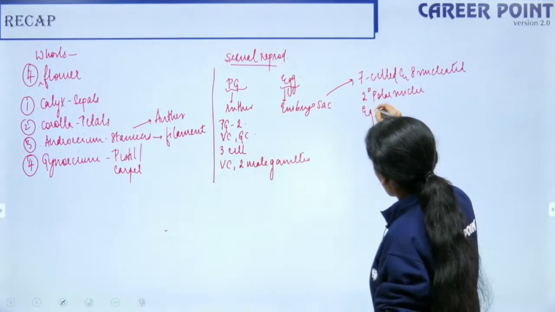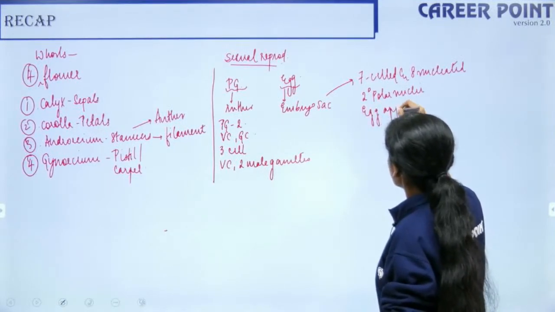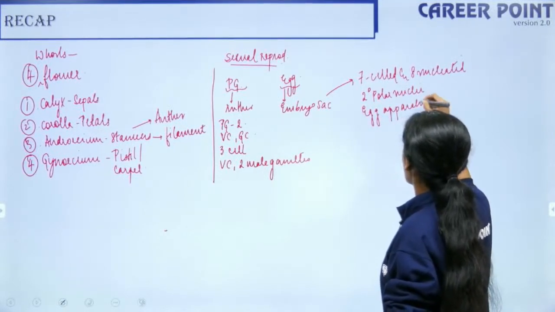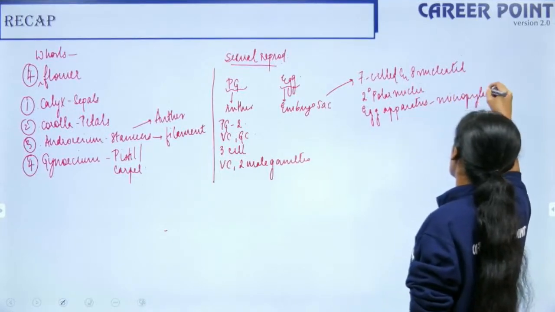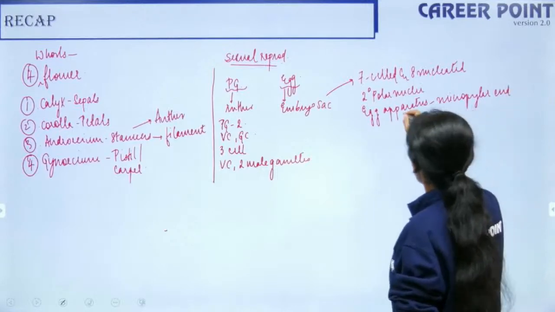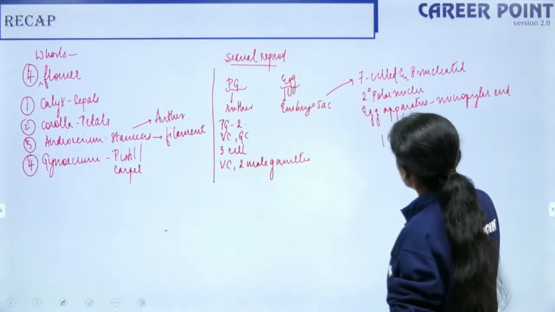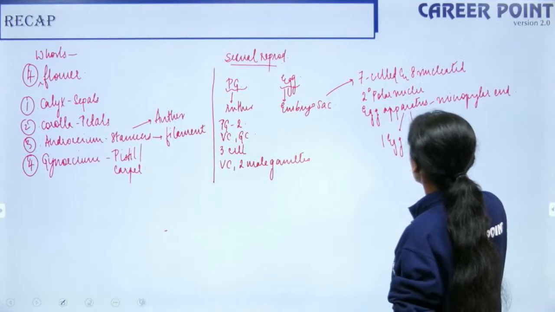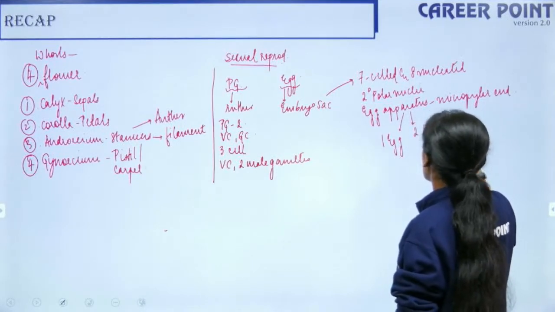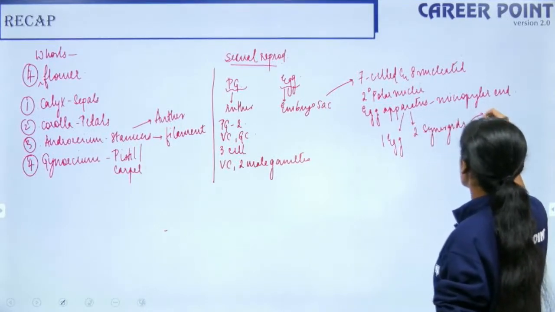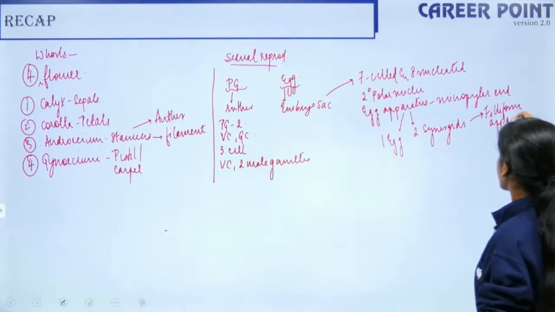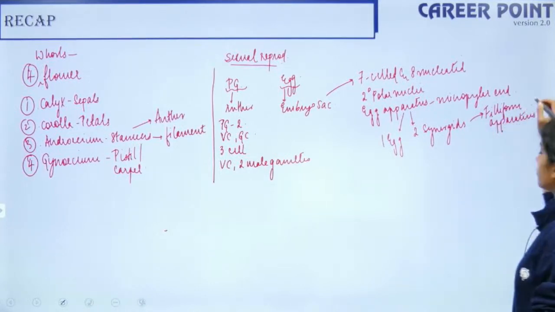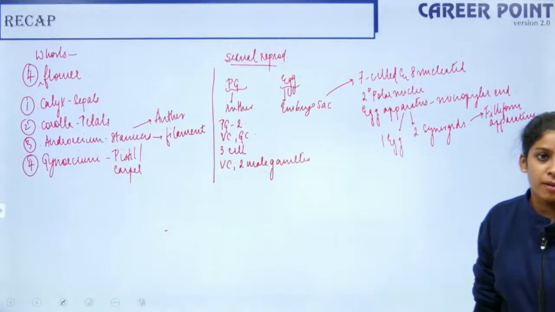You have the egg apparatus, which is towards the micropylar end. Your egg apparatus has 1 egg cell and 2 synergid cells. Synergids have what is known as the filiform apparatus.